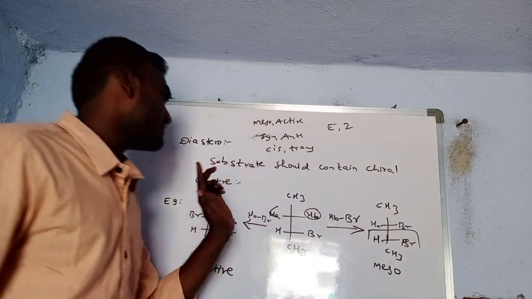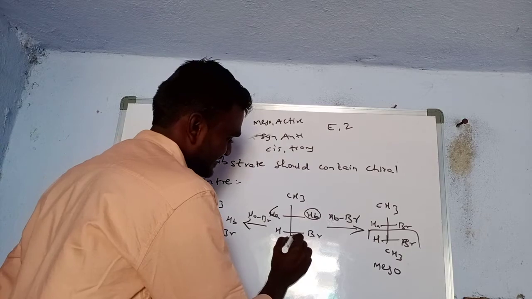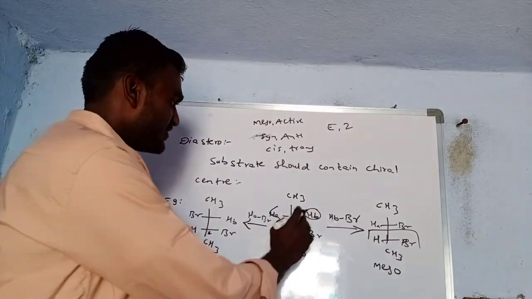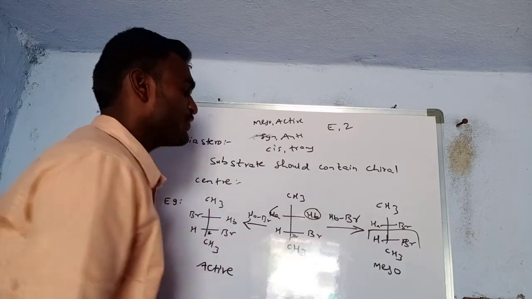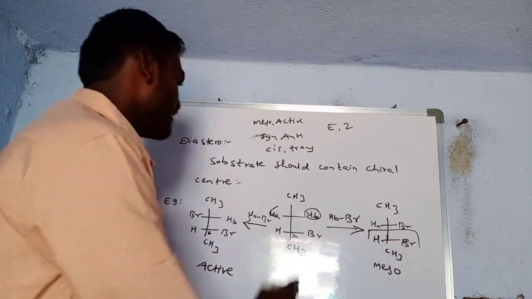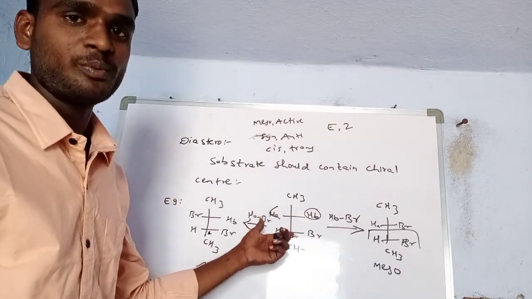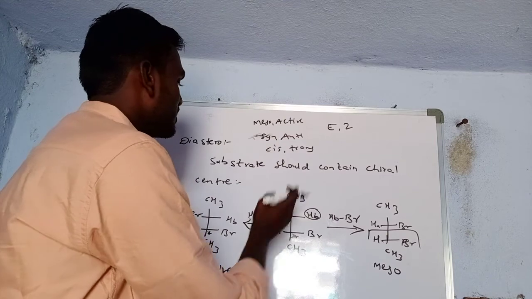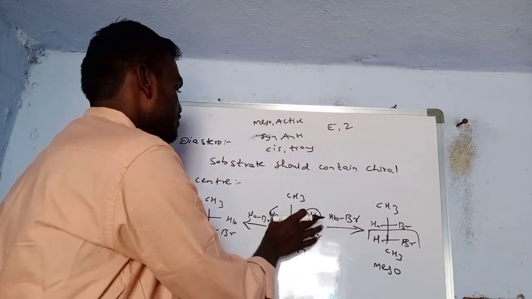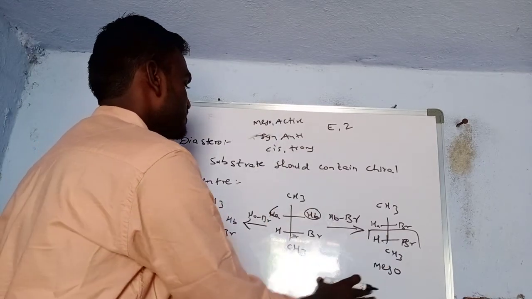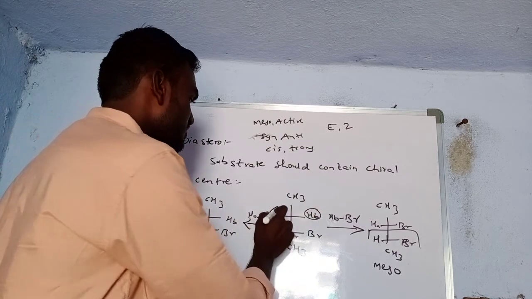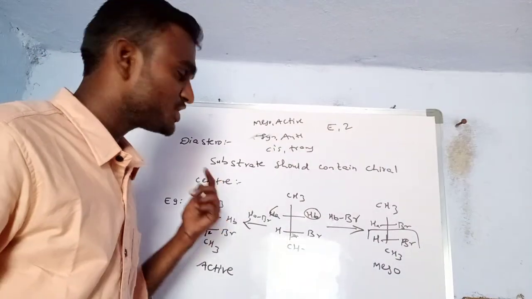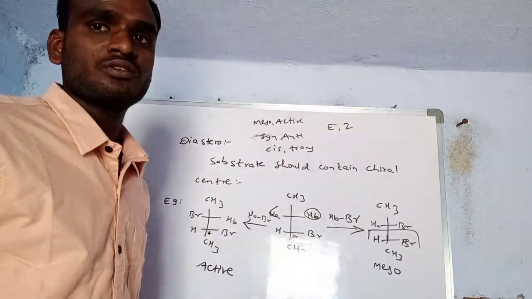If we replace Hb with a bromine atom, it will produce the meso compound. If we replace Ha with a bromine atom, it will produce the active form. Since meso and active pairs are there, that is known as diastereomers. These two are diastereomeric pairs. So the ligands Ha and Hb are said to have a diastereotopic relationship. Okay, thank you.